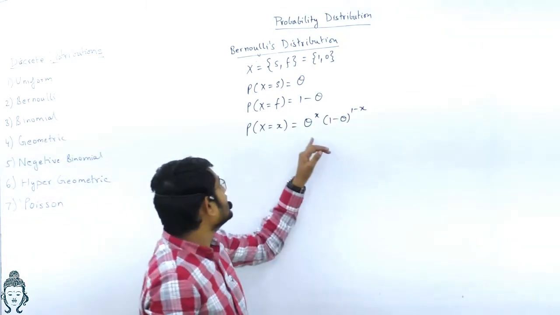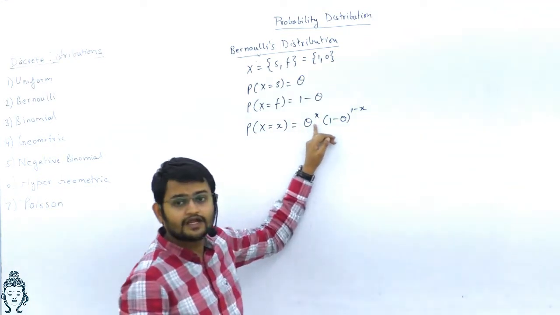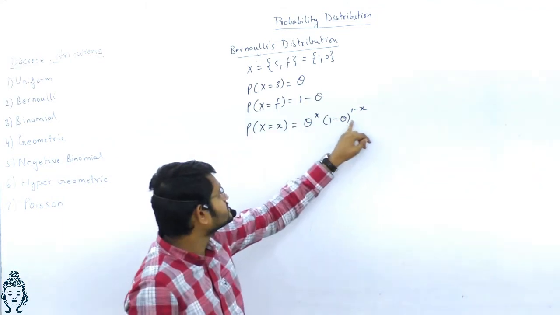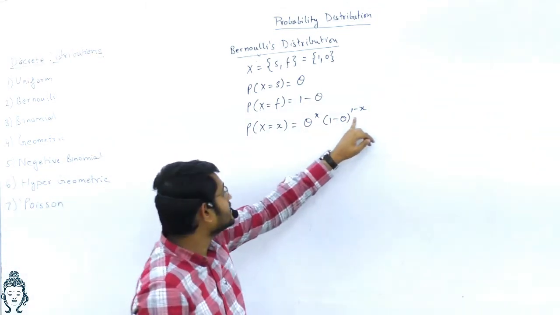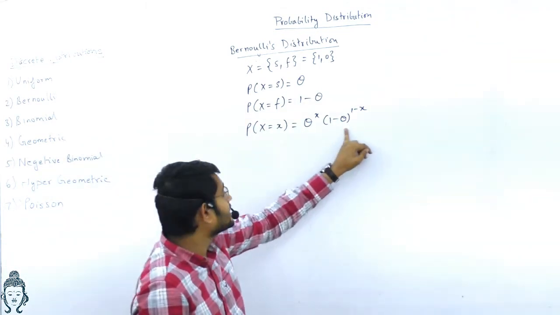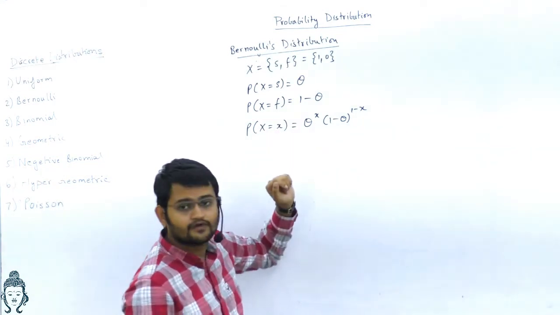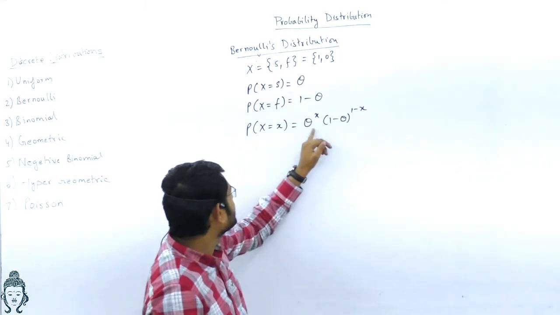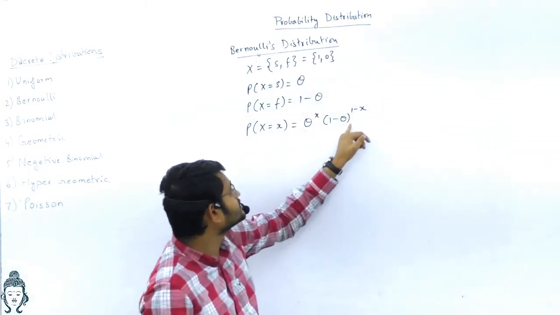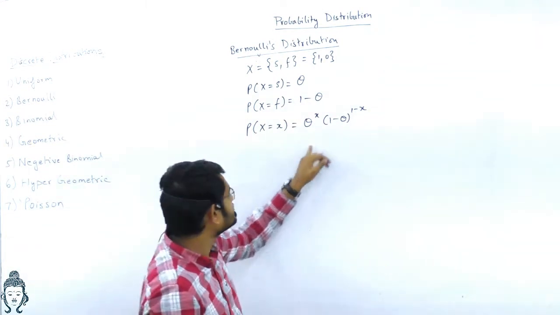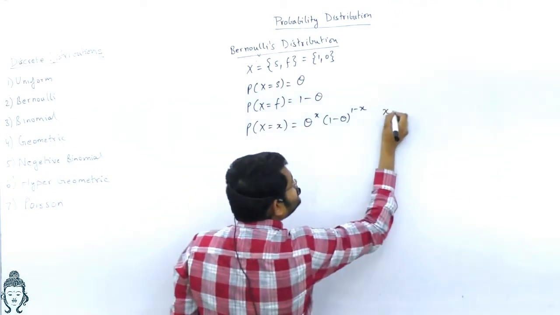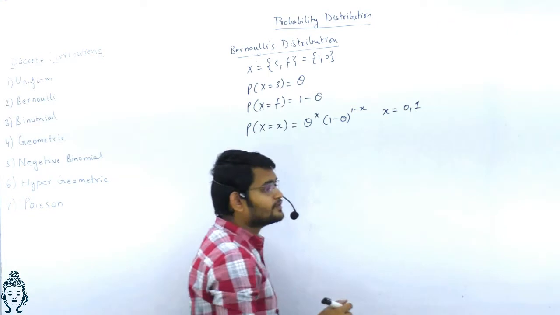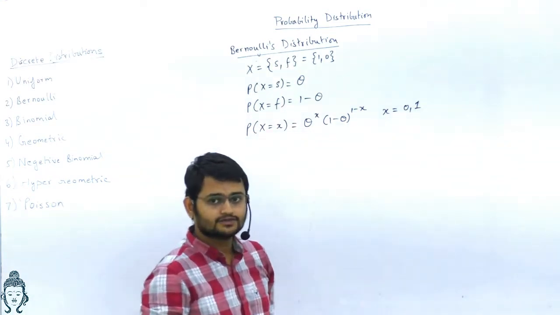When x is 0, that means we are getting a failure. This becomes theta raised to 0 as 1, 1 minus theta raised to 1, and we get 1 minus theta, that is probability of failure. If we keep x is equals to 1, that is our success, we get theta raised to 1 and 1 minus theta raised to 0, so we get theta. So this is how we generalize the probability distribution.